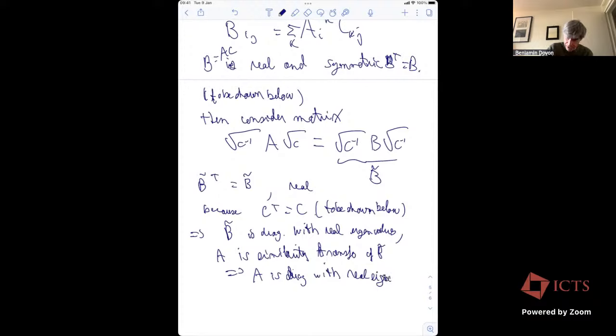So A itself is not symmetric. It's real, but it's not symmetric. So eigenvalues could be anything, but it's a similarity transformation of a symmetric matrix.